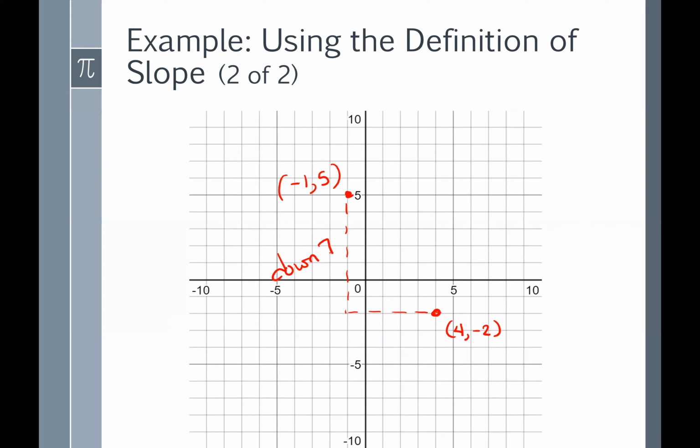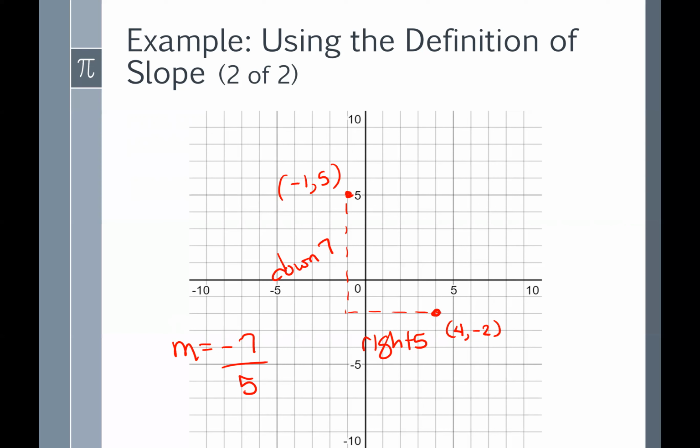That is my rise. So I'm going down 7, so my slope is going to be -7 over, and then I have to go right 5. So my run is going to be 5. So my slope is -7 over 5.